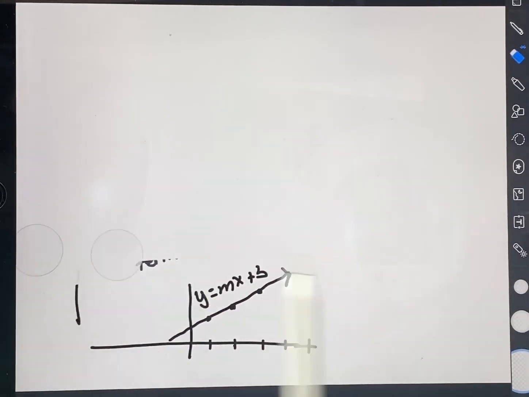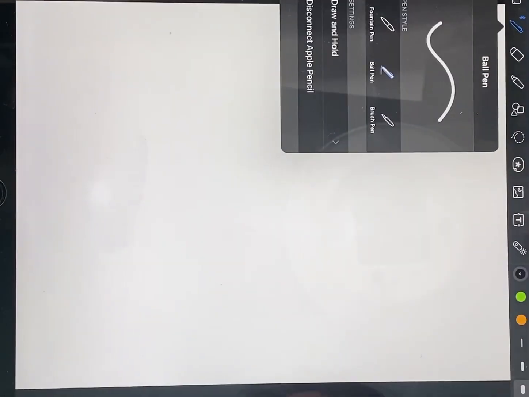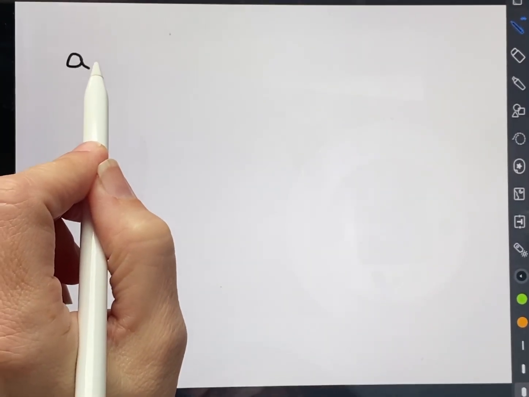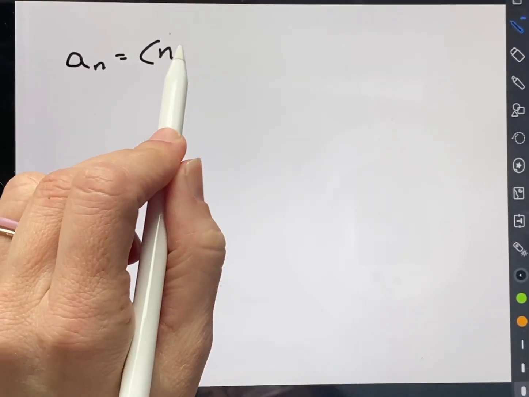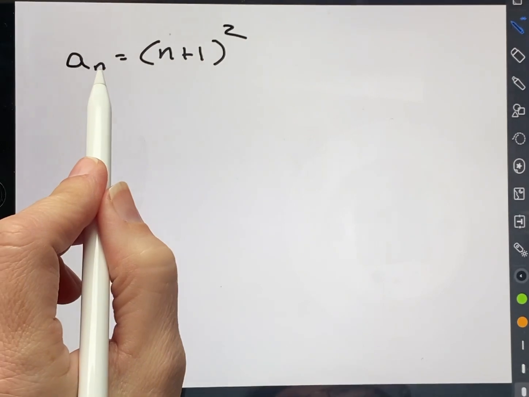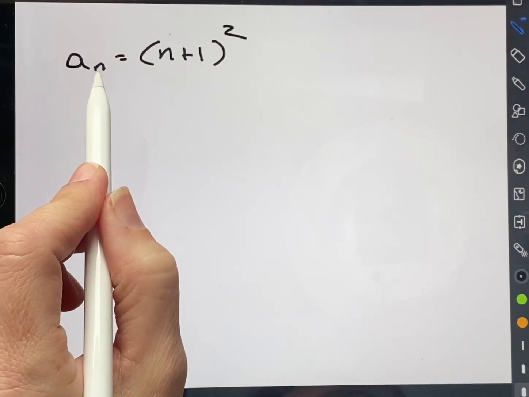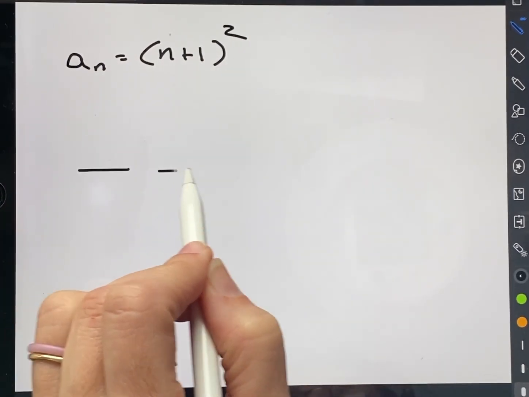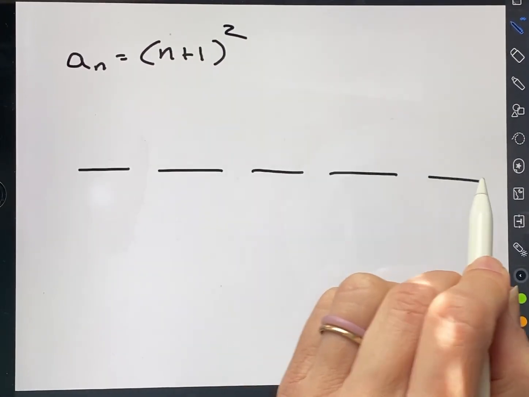Let's look at another one. Say we looked at a sub n is equal to n plus 1 squared. So again, our n values are those locations. So these are our x values.